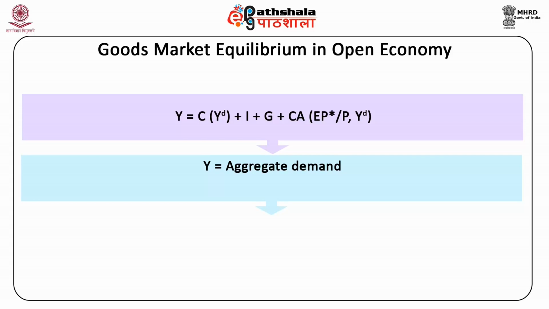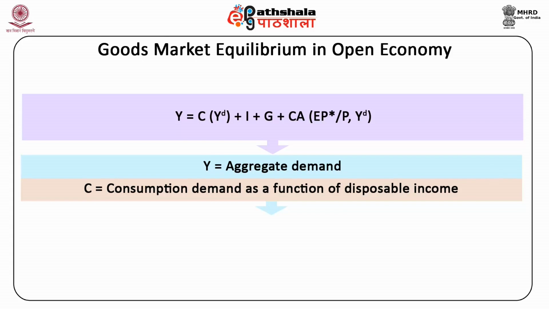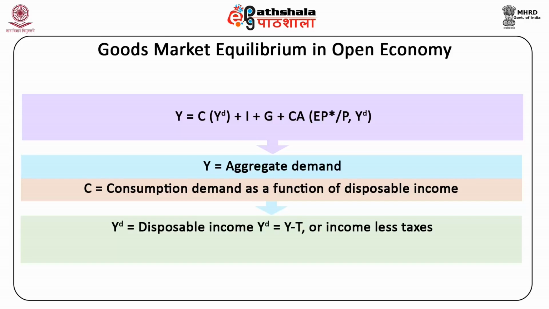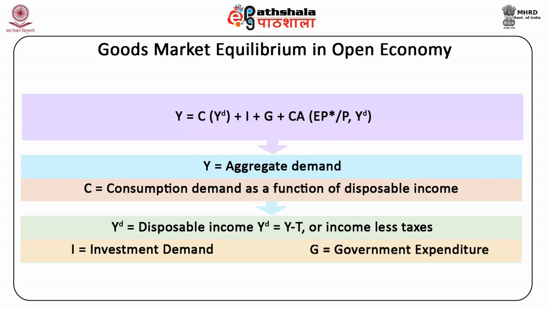demand or output, C stands for consumption demand as a function of disposable income, YD stands for disposable income, YD = Y minus T, or income less taxes, I is the investment demand, and G is the government expenditure.